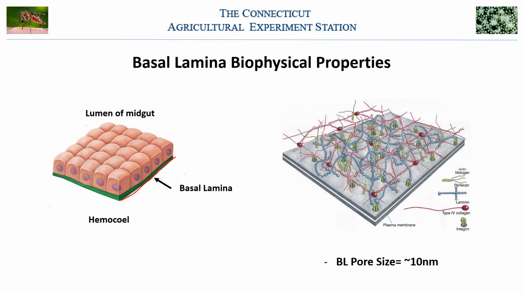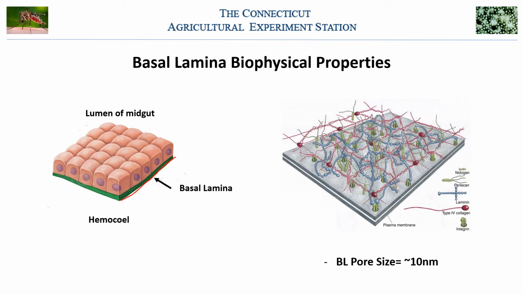The basal lamina is a dense network of proteins: nidogen, perlecan, laminin, and collagen, and it has a pore size of about 10 nanometers. This pore size provides enough room for micronutrients to go across the basal lamina, as well as oxygen and the like, but at the same time it prevents larger molecules from passing from outside the gut into the gut.